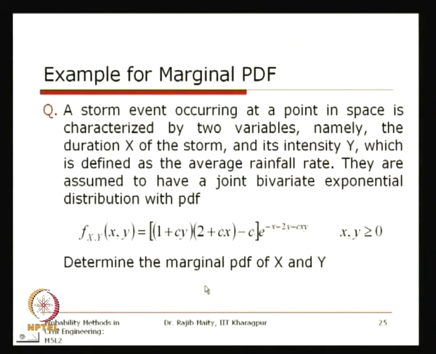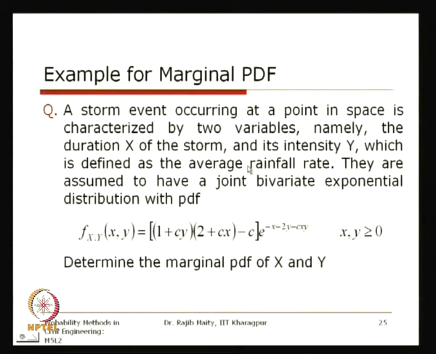Now we will take again the problem that we started with in this lecture, the storm event, where this joint PDF is known to us. The storm event occurring at a point in space is characterized by two variables, namely its duration x and intensity y.